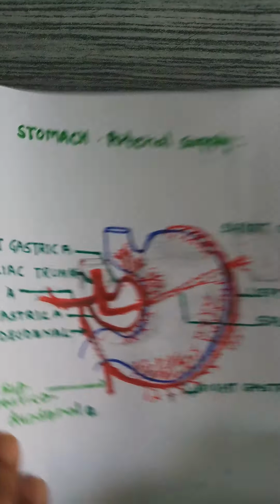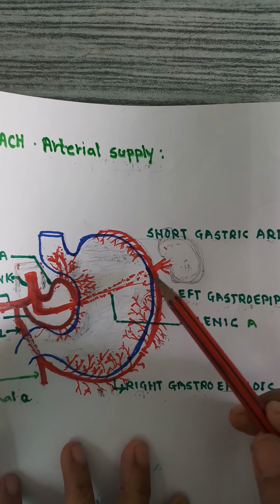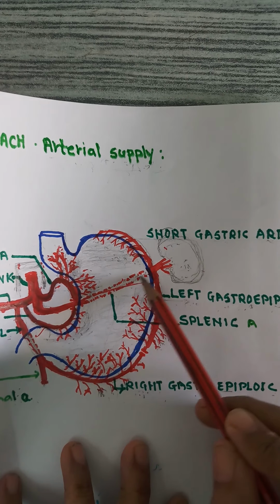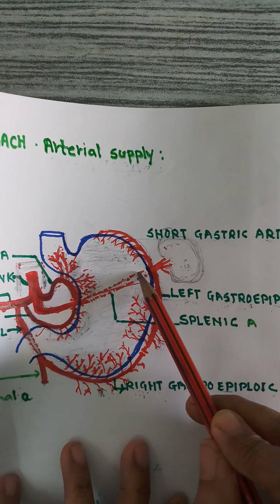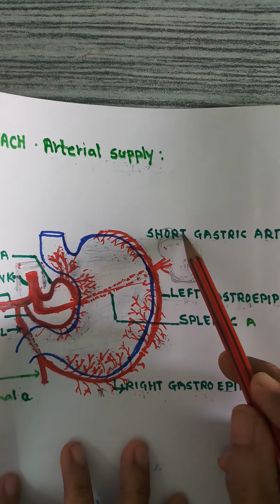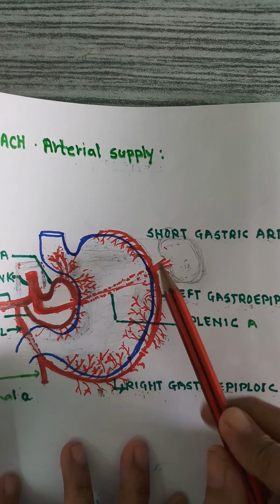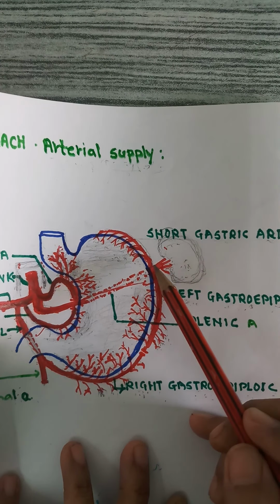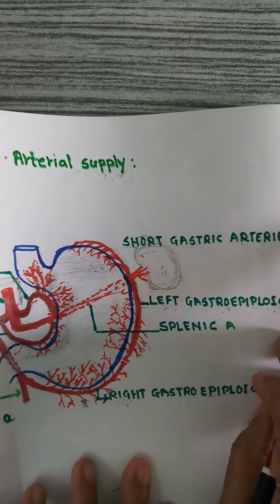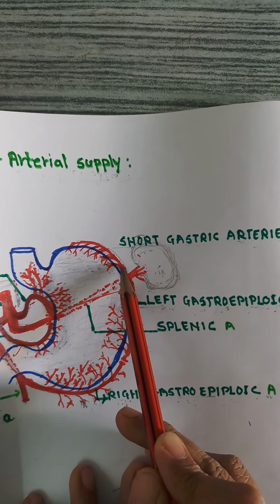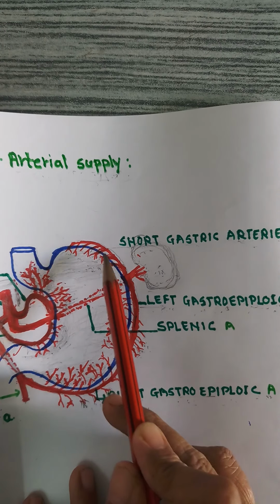Then coming to the fundus. For the fundus of the stomach, this is the splenic artery, which runs posterior to the stomach and, as the name suggests, supplies the spleen. But before entering the spleen, it gives branches to the stomach also. So it gives branches at the upper part of the stomach, that is the fundus.